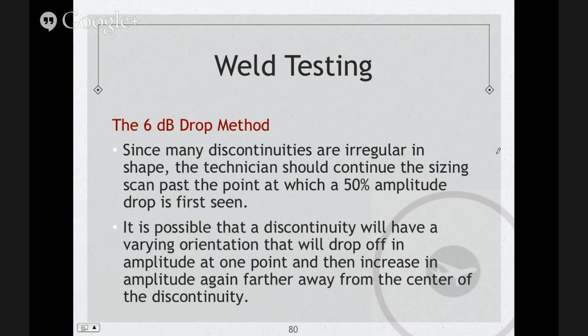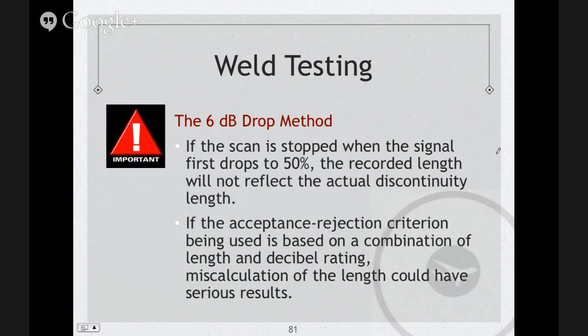It is possible that the discontinuity will have a variant orientation that will drop off in amplitude at one point and then increase in amplitude again farther away from the center of the discontinuity. The 6 dB drop method, right? If the scan is stopped when the signal first dropped to 50%, the recorded length will not reflect the actual discontinuity length.